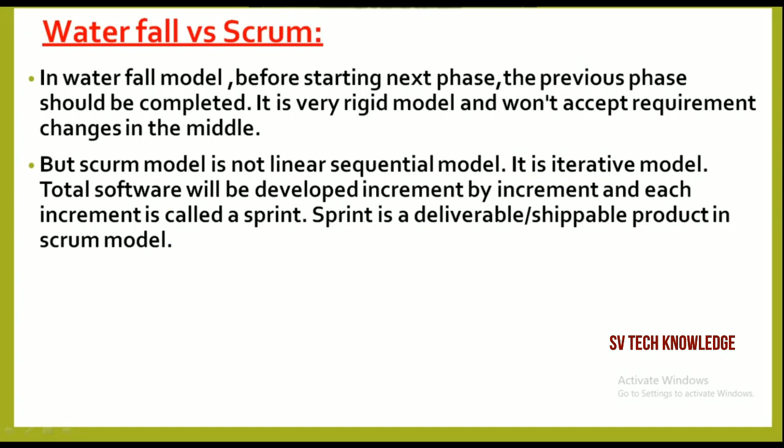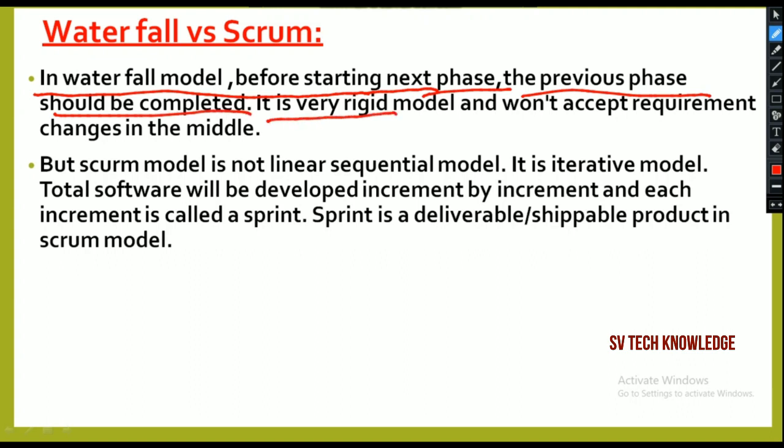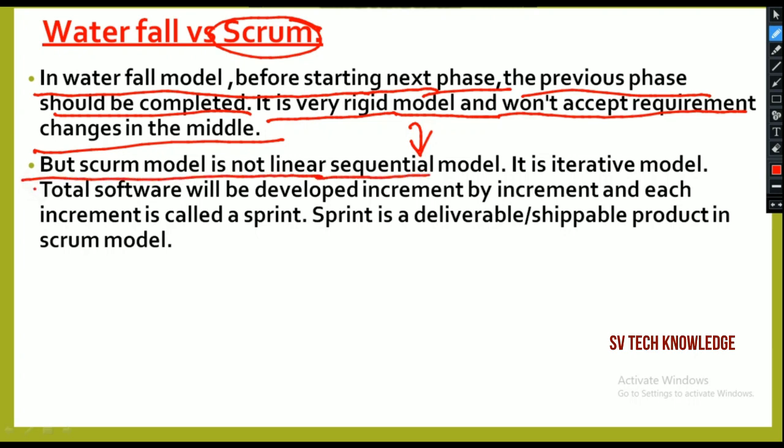Next, if we compare the waterfall model and Scrum, we said that just now in the Agile model, Scrum is the frequently used method. In the waterfall model, before starting the next phase, the previous phase should be completed. It is a very rigid model and won't accept requirement changes in the middle. So Scrum is exactly opposite to the waterfall model. Scrum is not a linear sequential model.